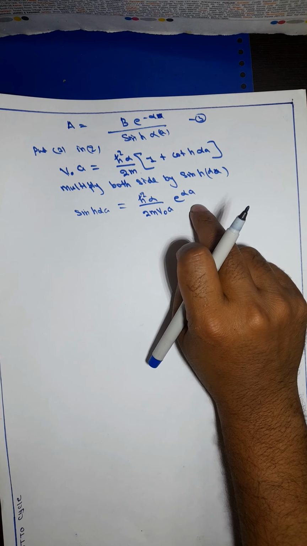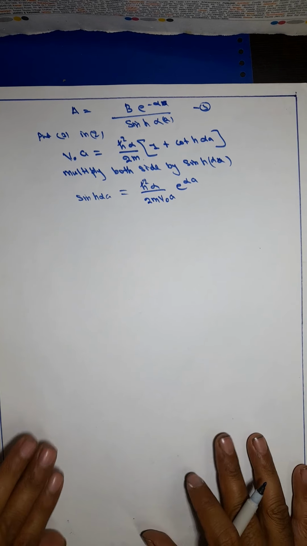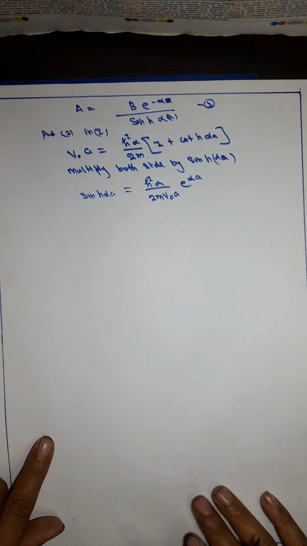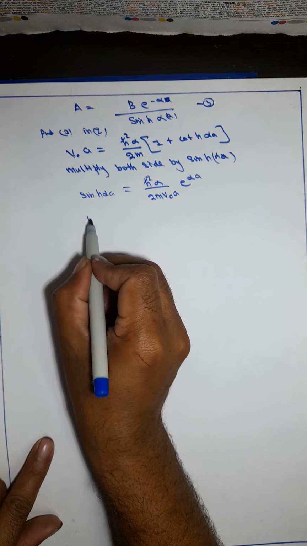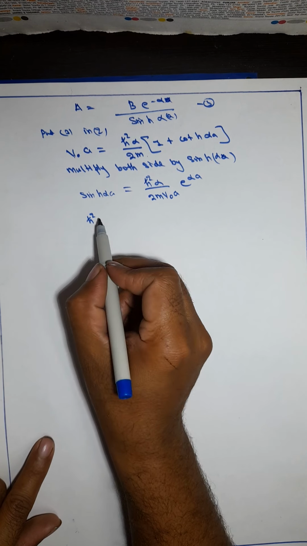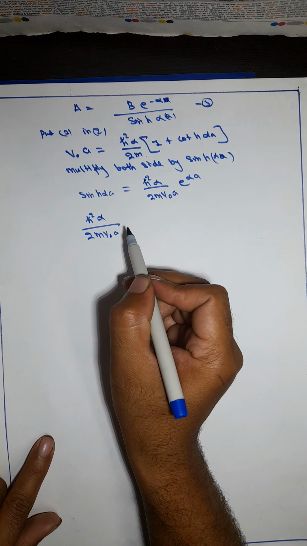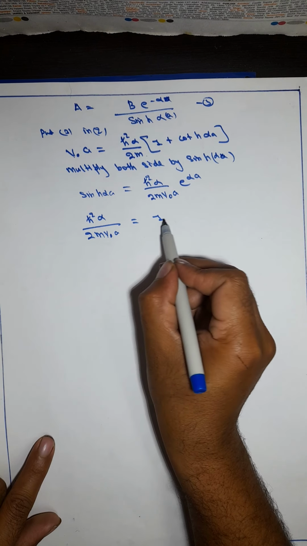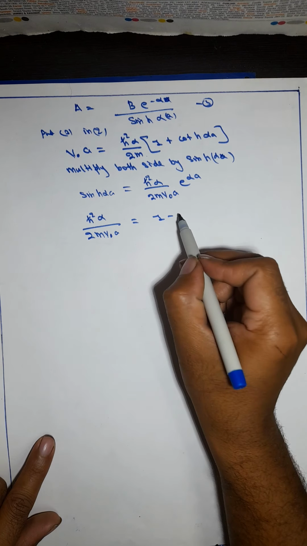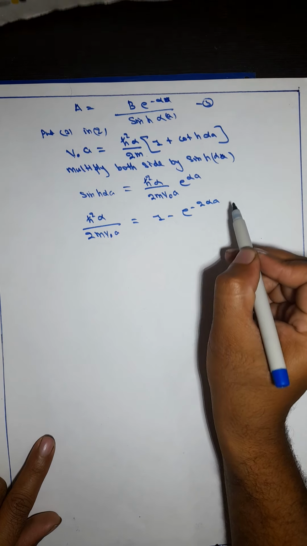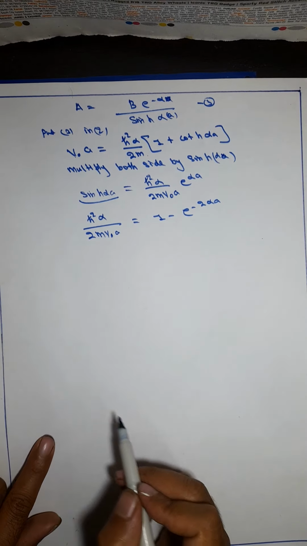So this thing is equal to h cut square alpha divided by 2m V naught a equal to 1 minus e raised to the power minus 2 alpha a. Okay, so we need to open up this one.